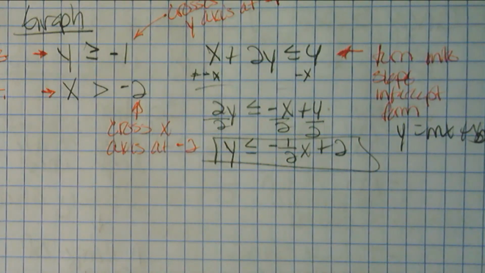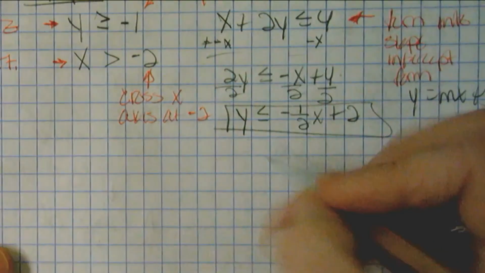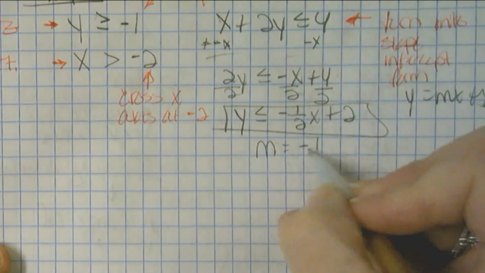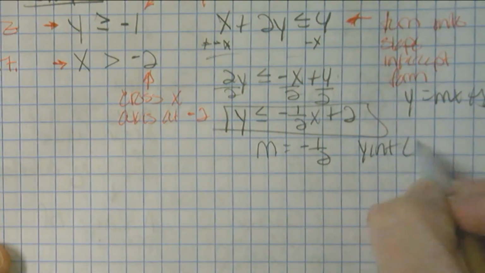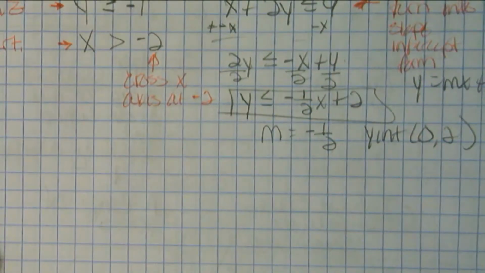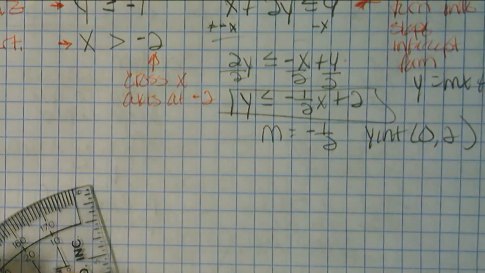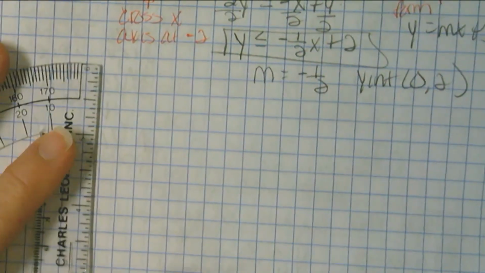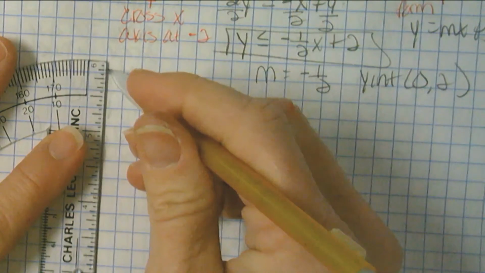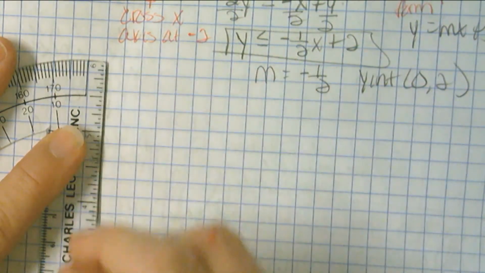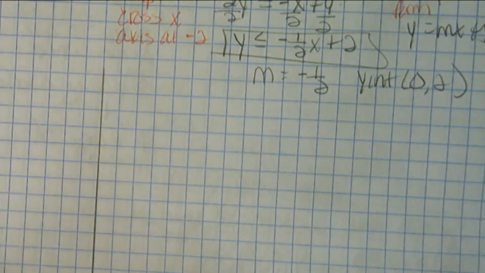Now all of you graph this. Remember, on that third equation, identify your slope and your y-intercept. On the other ones, there's really no work you have to do. You just have to graph those two, that horizontal and that vertical line.